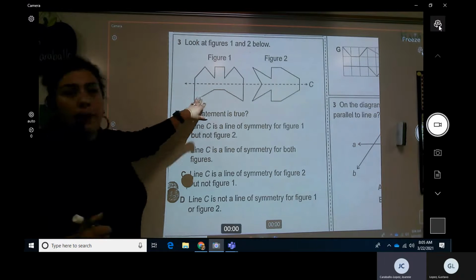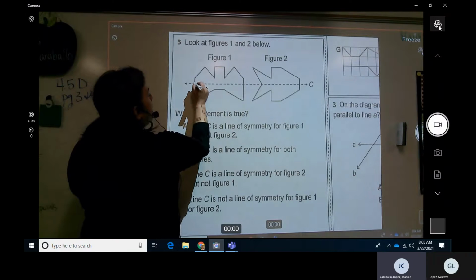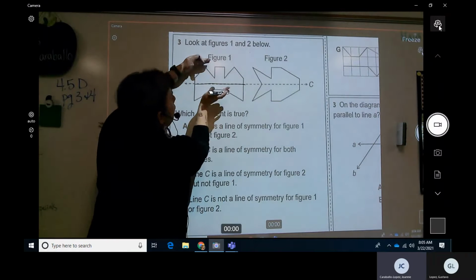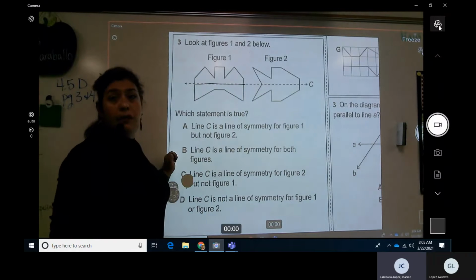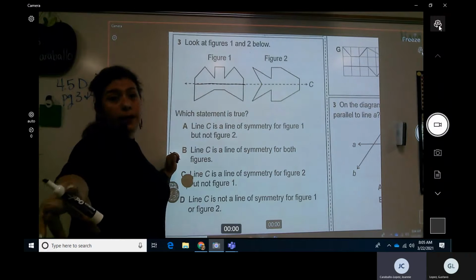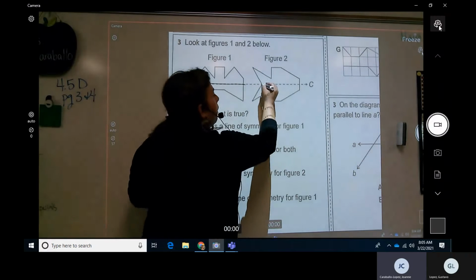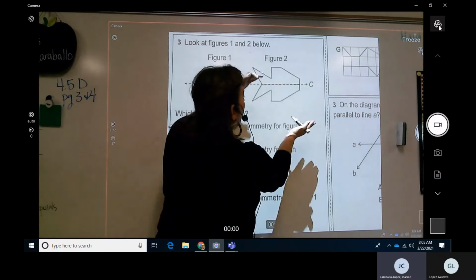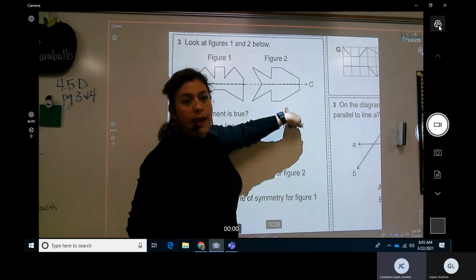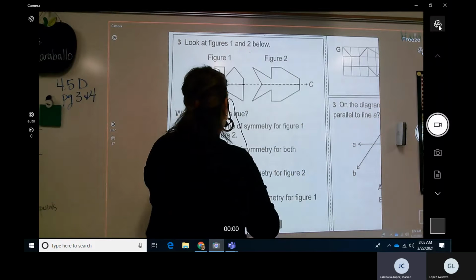So you see this example here? If I were to cut this in half and I were to fold it over, would I have the same side? No, I wouldn't, right? What about here? If I were to fold it in half, would I have the same sides? Yes. So this would be a line of symmetry.